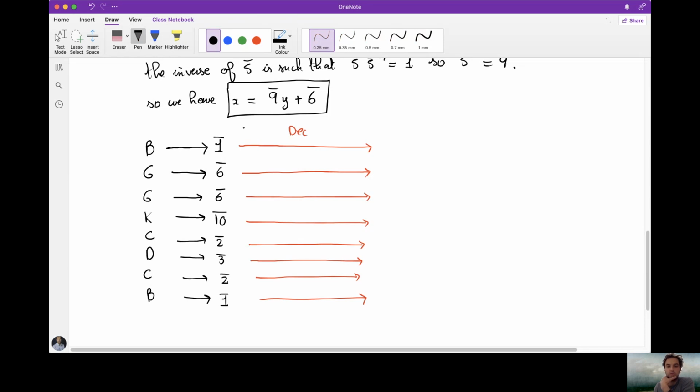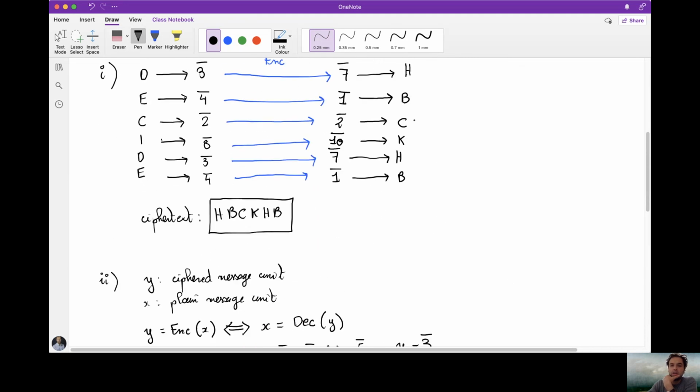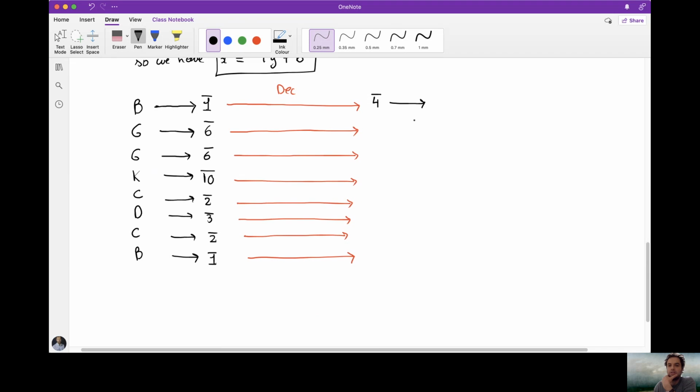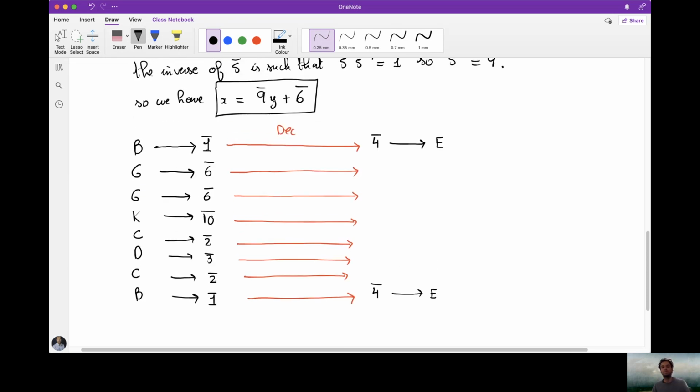For y equals 1, 9 times 1 plus 6 is 15, and 15 is 4. 4 is letter E. So we already know that the last one is also letter E. Now for G, 6: 9 times 6 is 54 plus 6, 60, and 60 is 5 modulo 11.